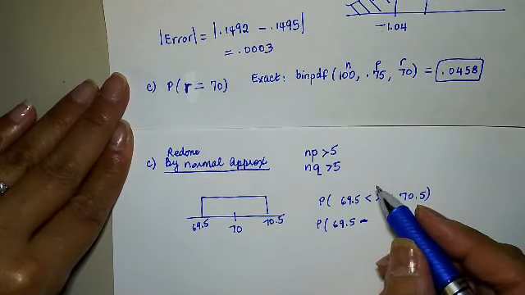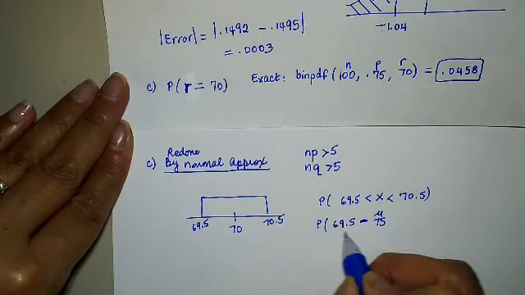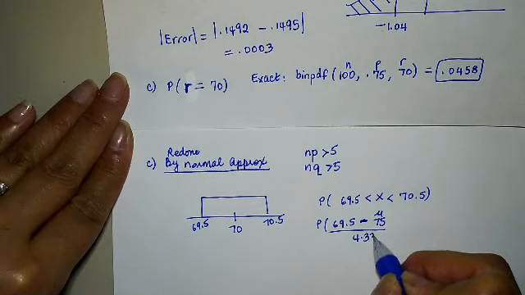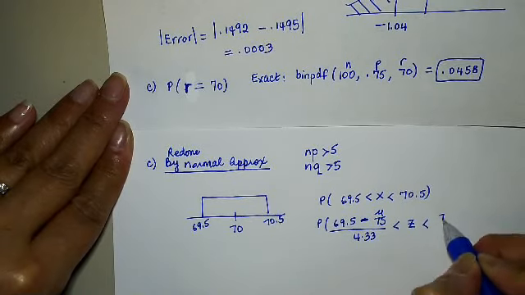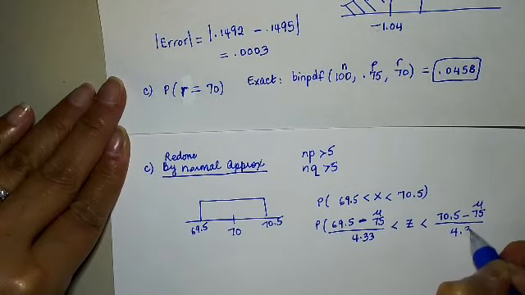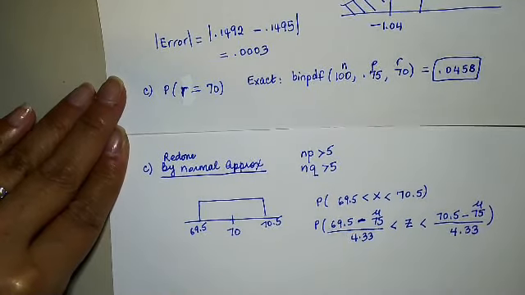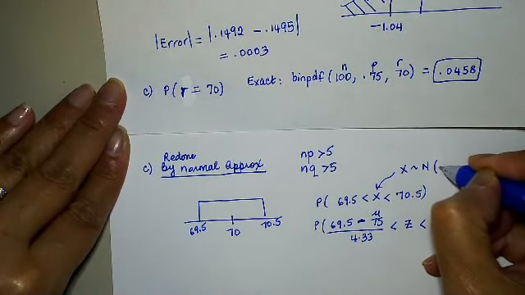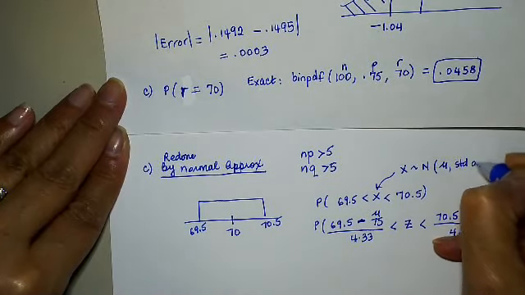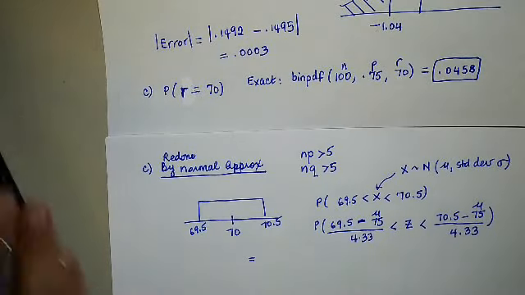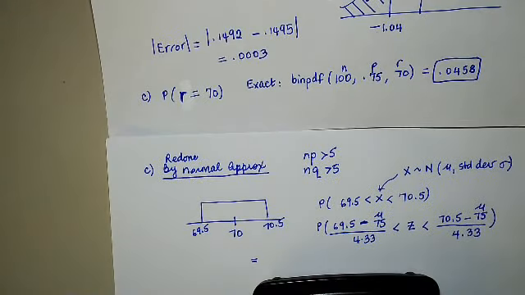And let's clean that up. Probability 69.5 minus mu, mu was 75, divided by sigma, 4.33, less than z less than 70.5 minus 75 over 4.33. All I'm doing is changing the x to z because I already know that x is normal with mean mu and standard deviation sigma. So I have the right to change it to z.